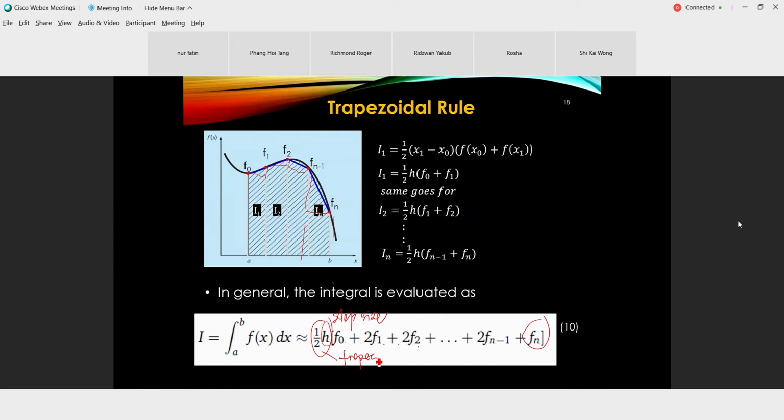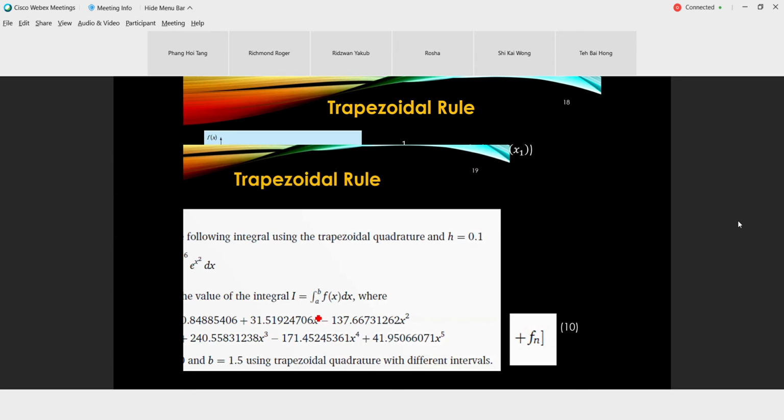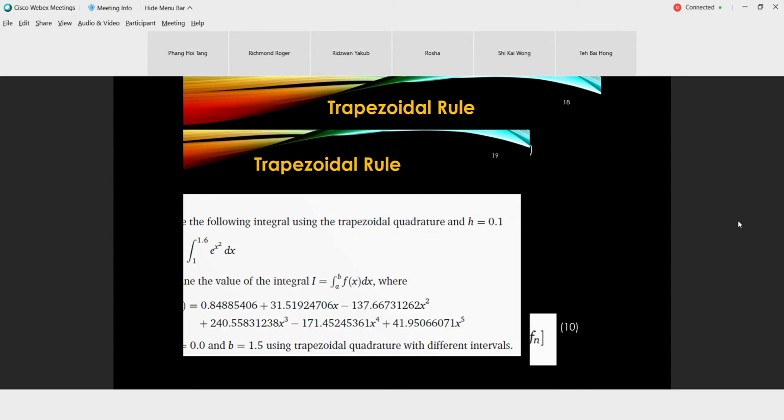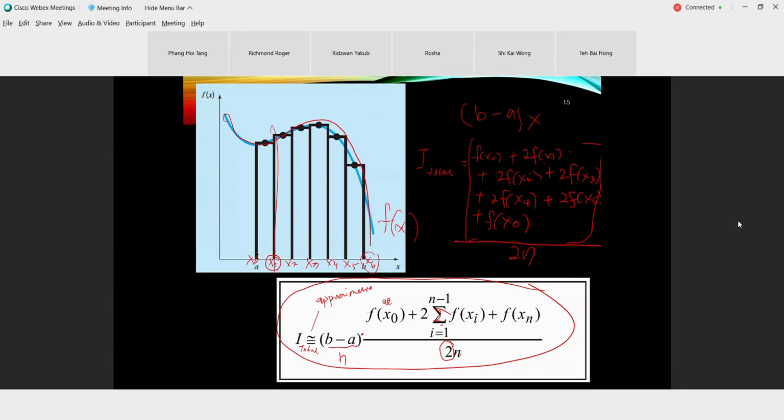Trapezoidal rule. It's slightly different from rectangular. For trapezoidal, they divide by h over 2. But for rectangular, they divide directly, so it will cancel later. If you look at them one by one, both are divided by 2.